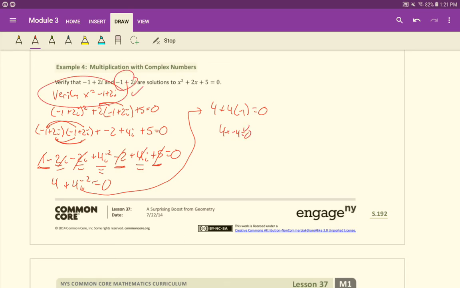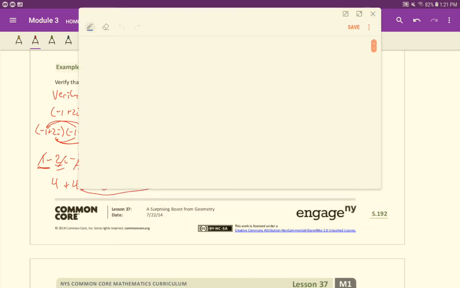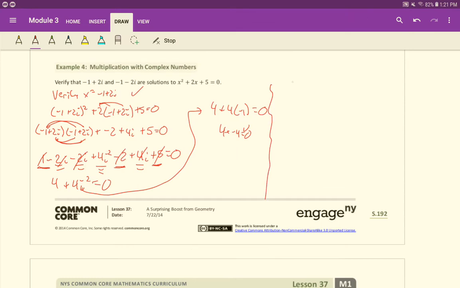Now let's try the -1 minus 2i solution. Again, we'll plug this in for x here. So we'll verify x equals -1 minus 2i. Plus 2 times (-1 minus 2i) plus 5 equals 0.